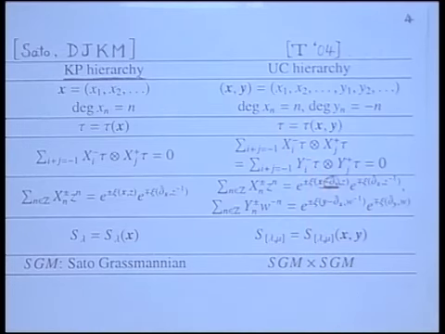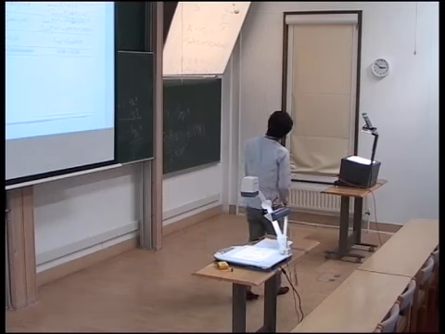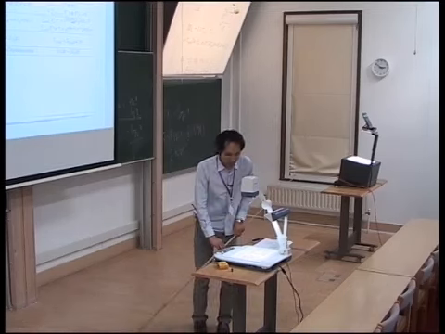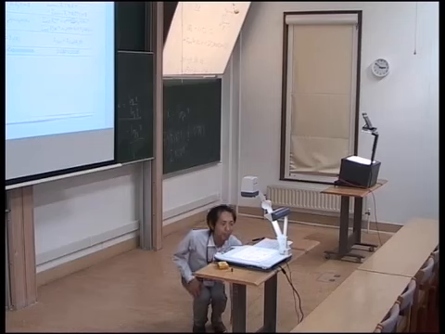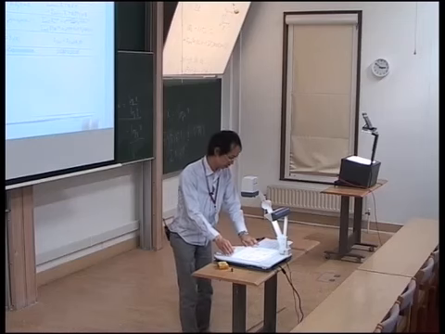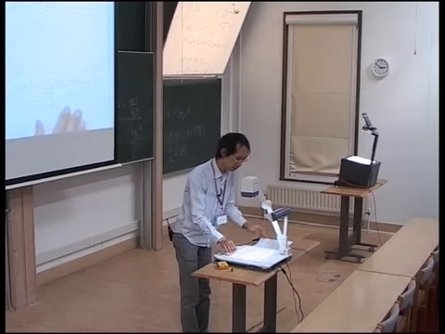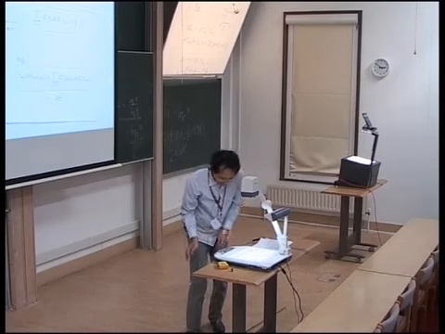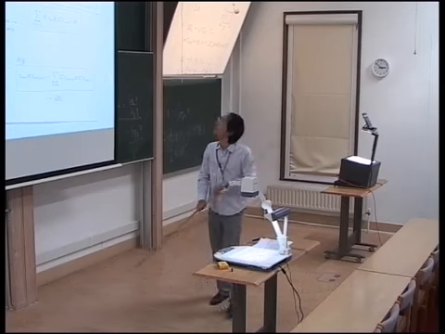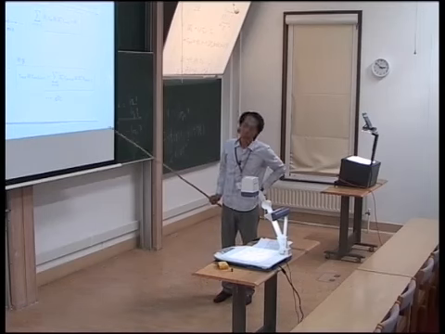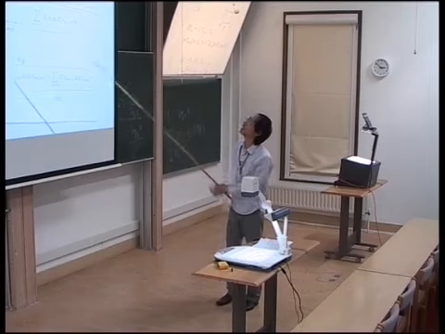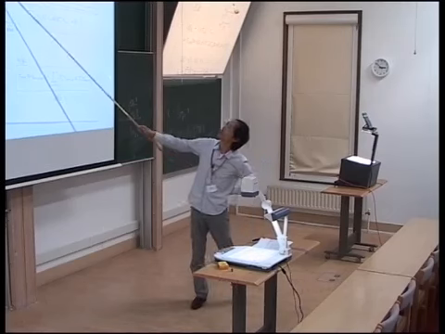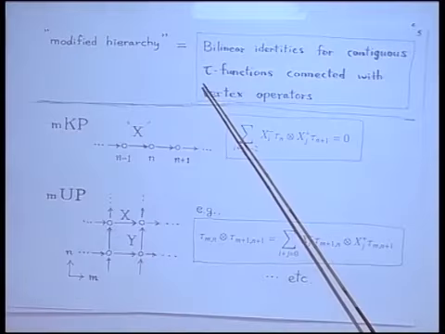So this is a very brief review of the KP and UC hierarchies. Moreover, we can deduce from the original bilinear identity various other bilinear identities. One of them is called the modified hierarchy.